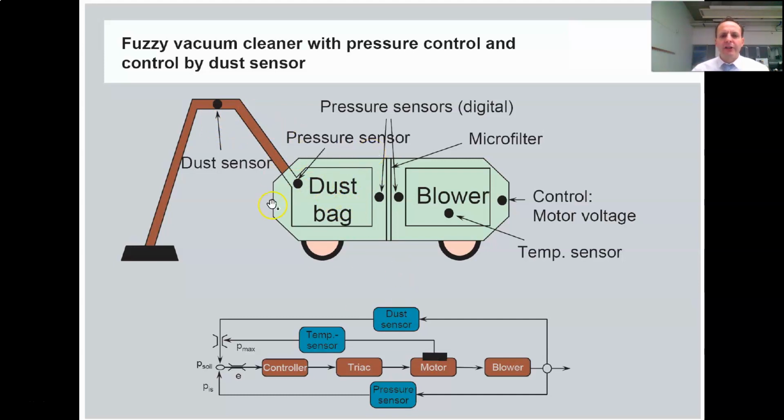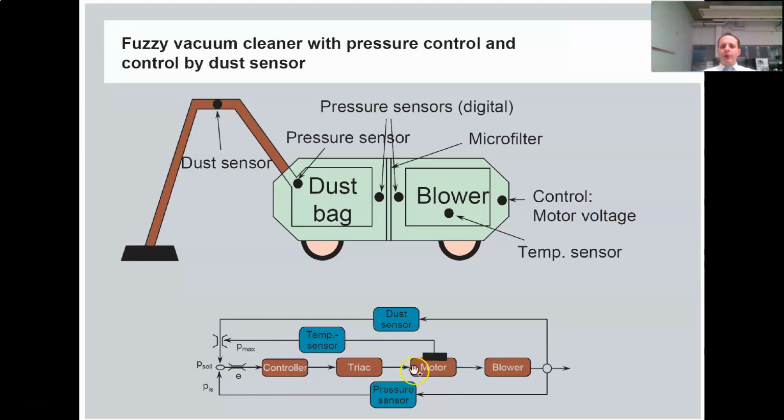So you have a pressure sensor and a dust sensor, which can provide some information on the level of the working condition. You have the pressure sensors and also the motor, which is driven by another controller. And we have here the control of the whole system.